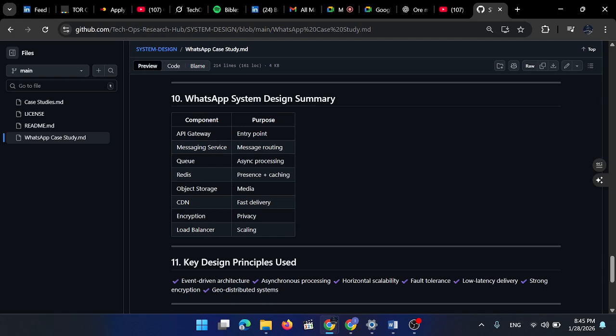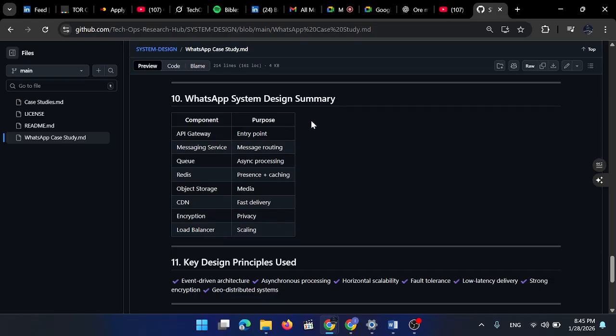Very important. Then we have object storage, which helps to store things like media. Then we have CDN, the content delivery network. It's very important. It helps in the fast delivery of content from one end to another. Then encryption is basically privacy. Then the load balancer is for scaling.